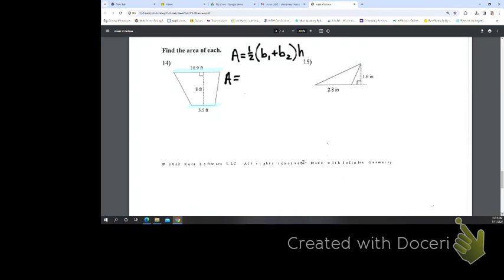So here I'm going to do 0.5 for my half. I'm adding my 5.5 and 10.9. And then I am multiplying by 8. By the way, you could use parentheses and type all that into the calculator.